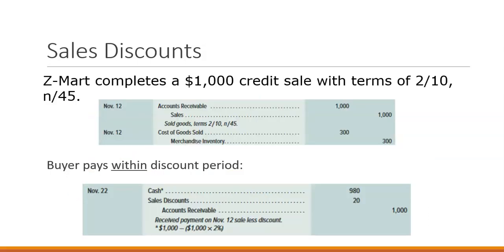What that looks like then, we see this $1,000 credit sale with terms of 2/10, n/45. Then when we get the receipt, we receive cash, we have a sales discount, and then we reduce accounts receivable. So the buyer who bought on account from us has paid within the discount period, so they get a discount and pay us less cash.